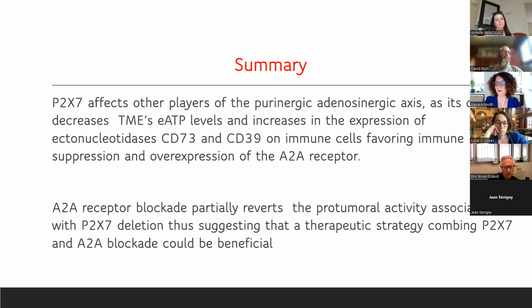So these two mechanisms seem to be related. Blockade of the A2A receptor can also partially revert the protumoral activity of the loss of the P2X7 receptor, suggesting that a combined therapeutic strategy against both P2X7 and the A2A receptor could be beneficial in cancer.